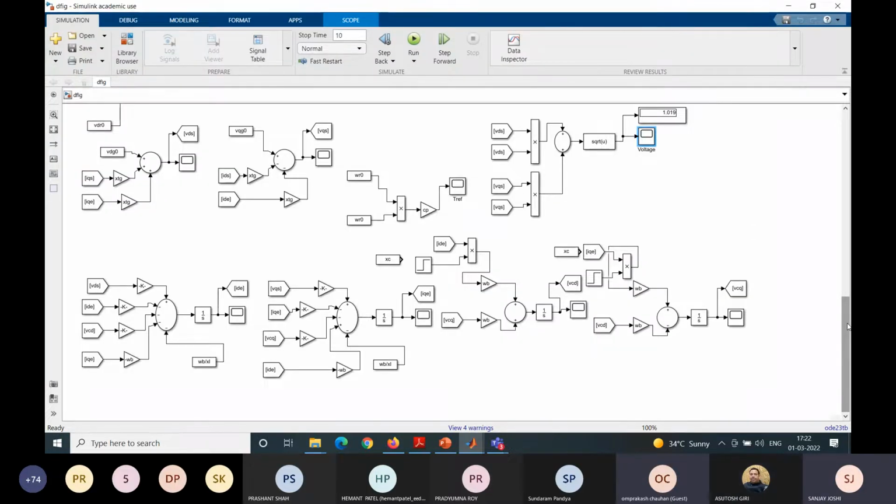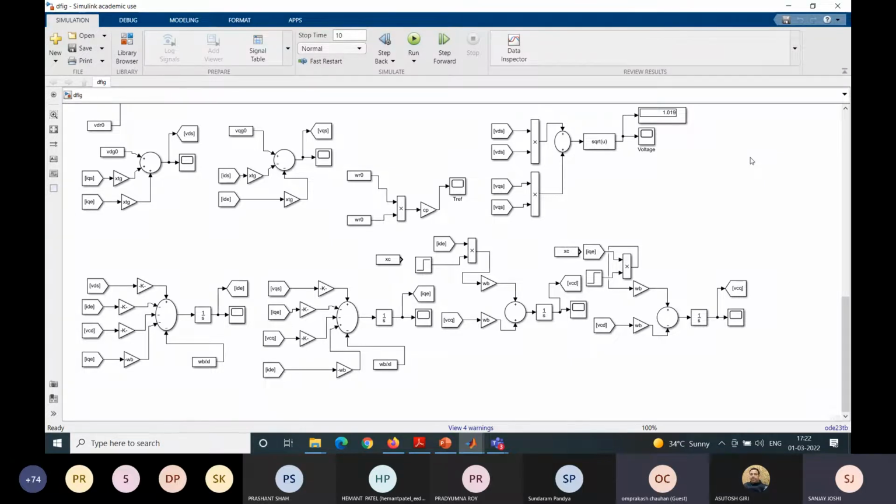If I open any other scope, is it possible that I may observe any unstable value in that scope? Just to inform you, whichever variables are displayed on the scopes of this kind of simulation file, if the system is unstable and you run the unstable case, then all the scopes will show the unstable waveform.